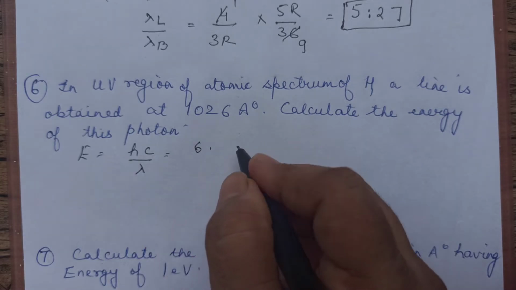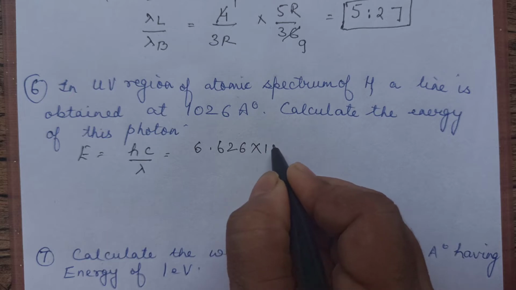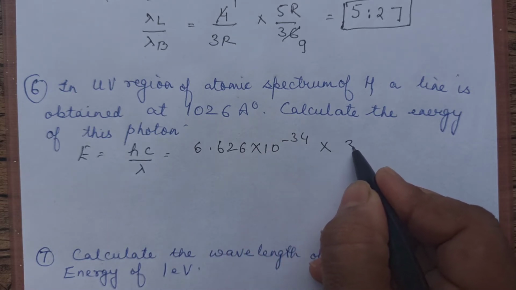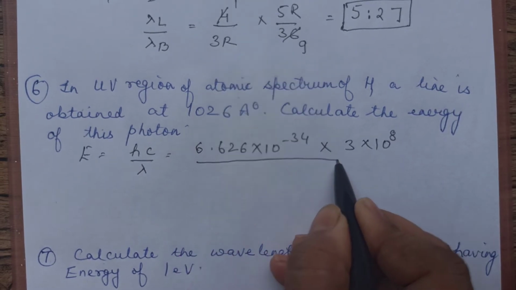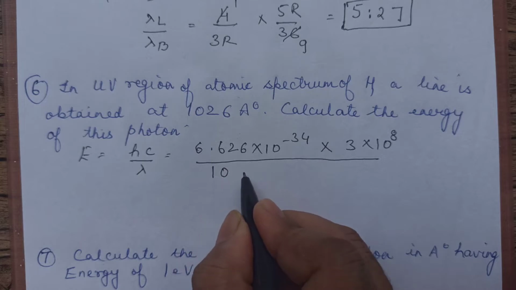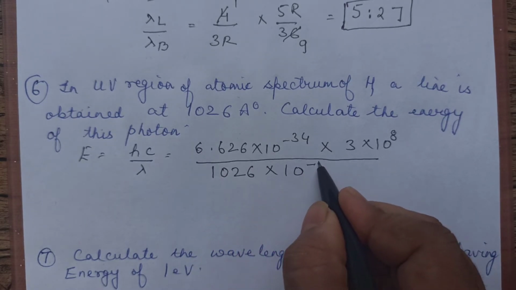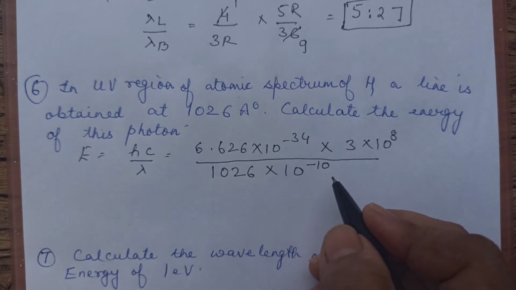Now, we will put the value. I am using the MKS system: 6.626 into 10 to the power minus 34 joule second, and this is 3 into 10 to the power 8 meter per second. So this also I will be converting into meter. 1 angstrom is how much? 10 to the power minus 10 meter.